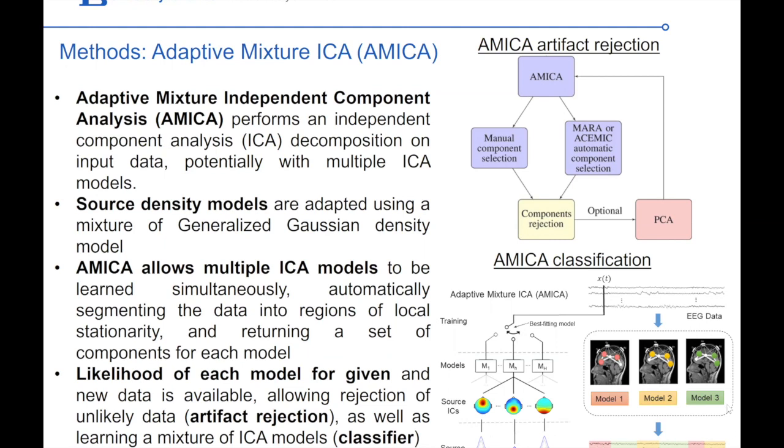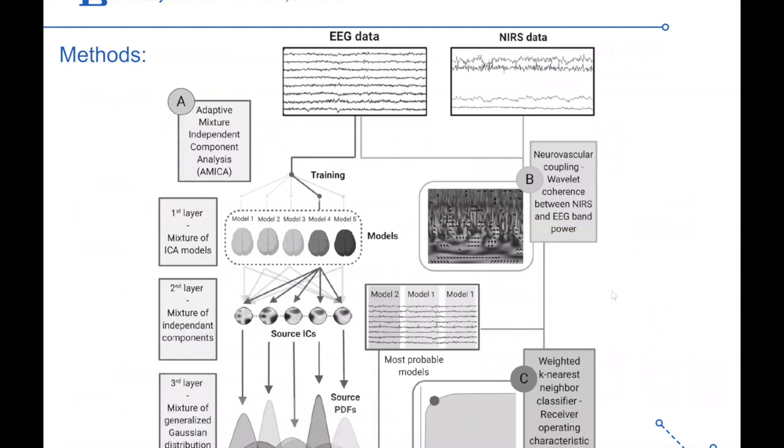So this is an overview: we have the EEG data, which we analyze using AMICA, but we also have the NIRS data, and we use a neurovascular coupling approach to identify biomarkers that we can then combine with the EEG biomarkers to identify the conscious state of the person.